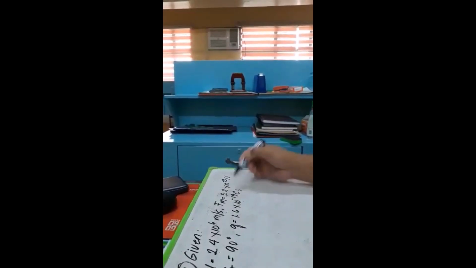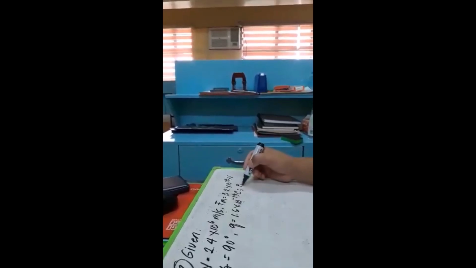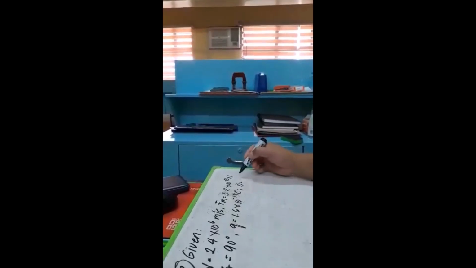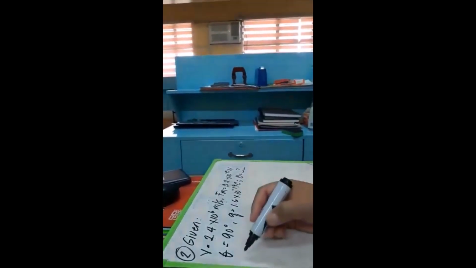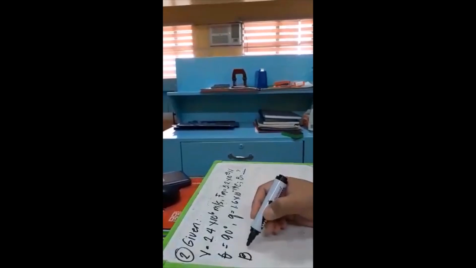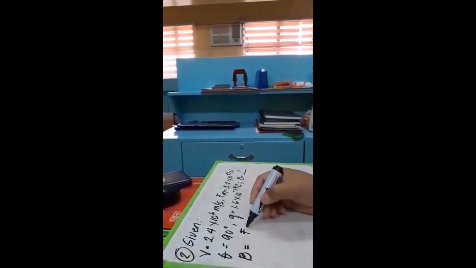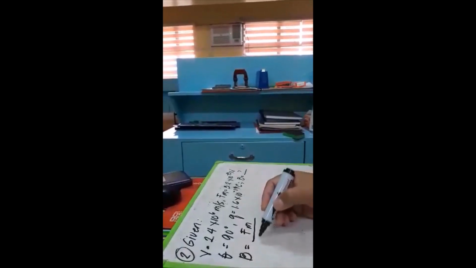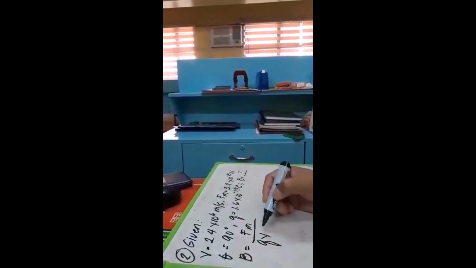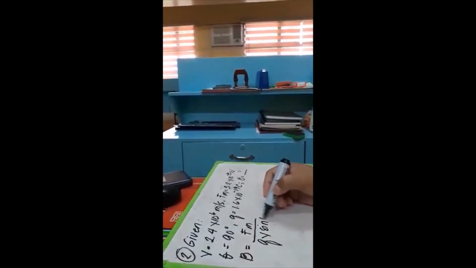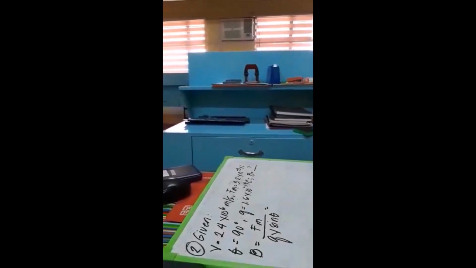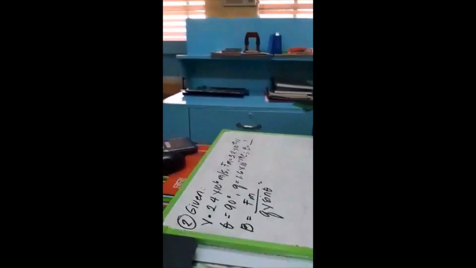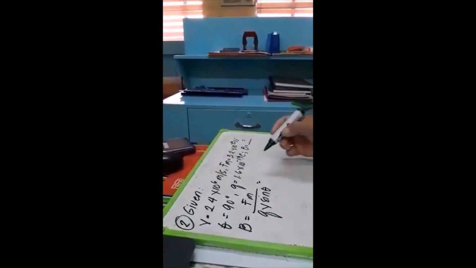So, ano ang hinahanap natin? It is magnetic field. Magnetic field is unknown. Ano ba yung formula natin sa magnetic field? Magnetic field is equal to magnetic force over Q V sine theta. So let us try to substitute now the given based on our formula.